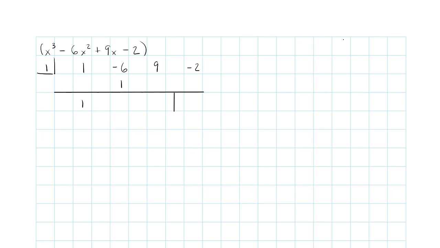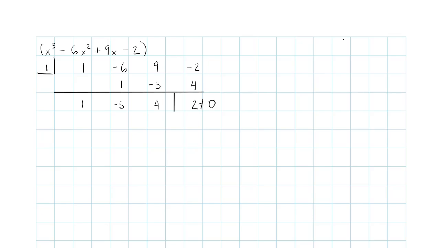Then 1 times 1 is 1. -6 plus 1 is -5. -5 times 1 is -5. 9 plus -5 is +4. 4 times 1 is 4. -2 plus 4 is +2, which is not 0, so 1 is not a root.